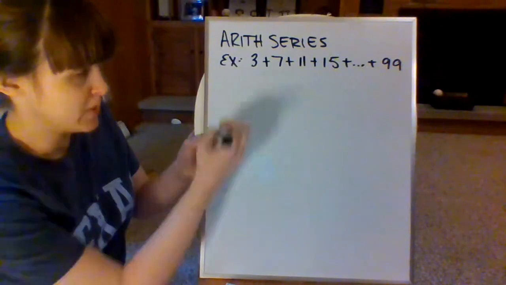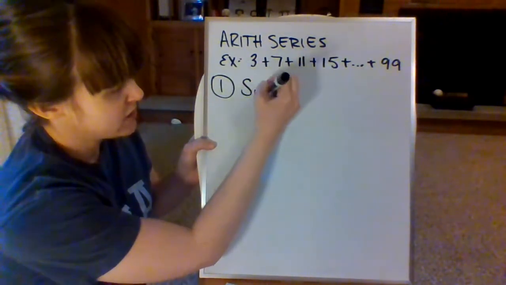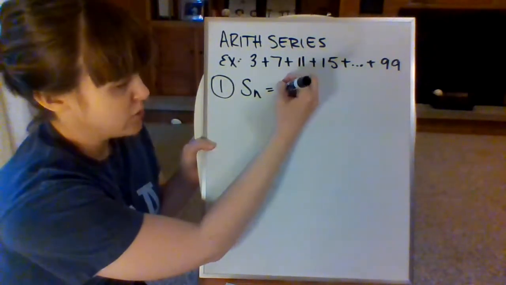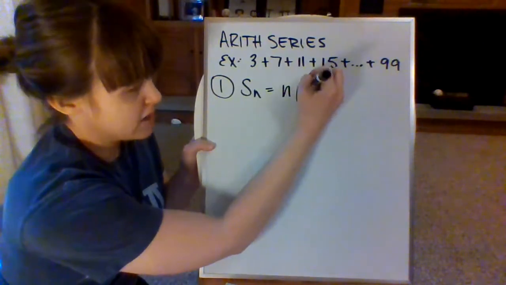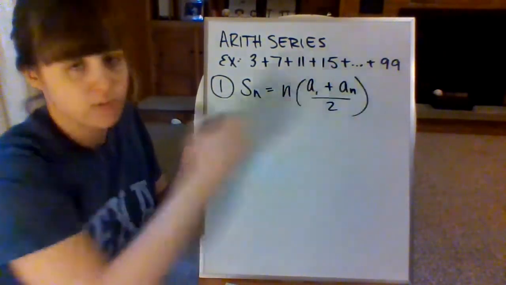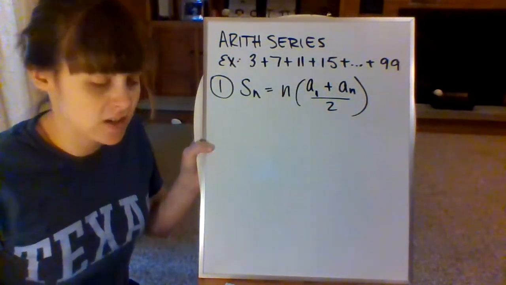Okay, there are two formulas. First formula looks like this. This stands for the sum. The sum equals n times a1 plus an, divided by 2. So that is the first formula.